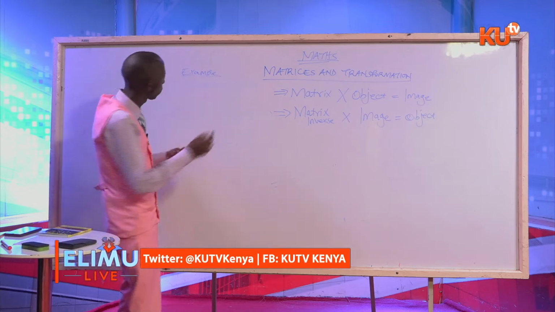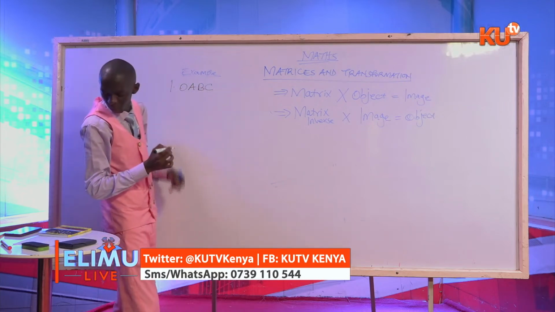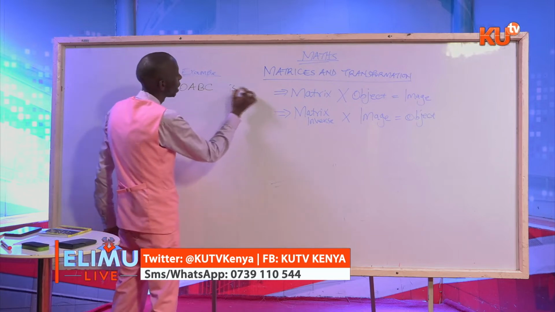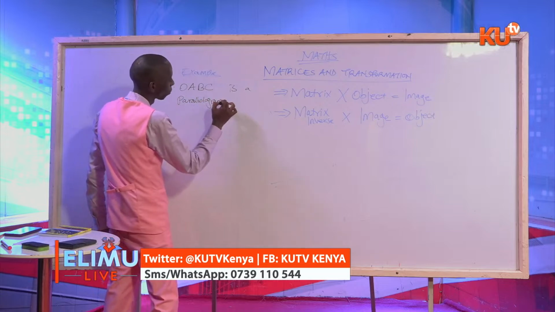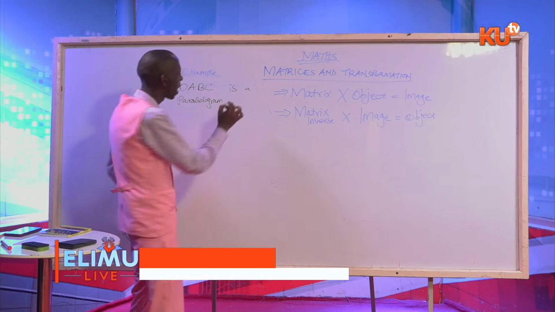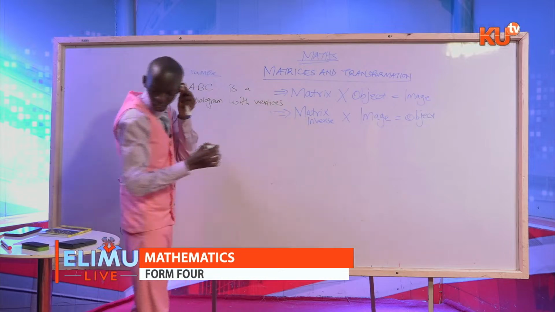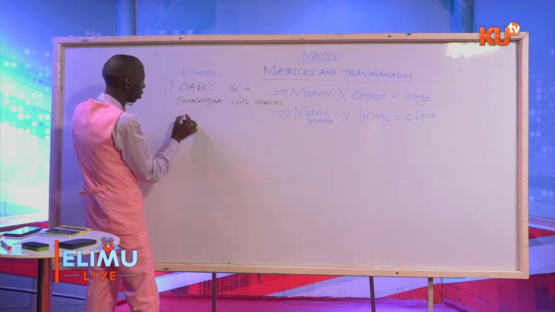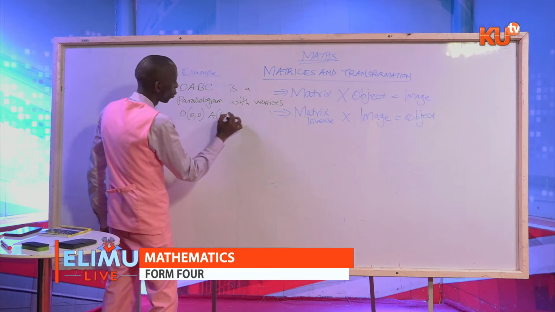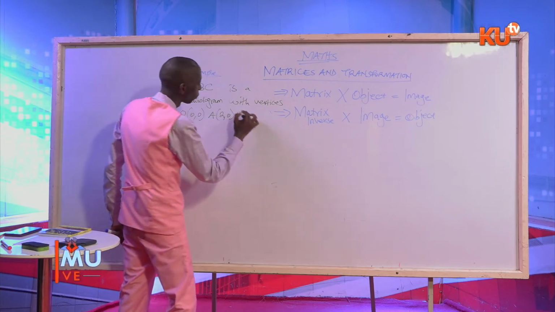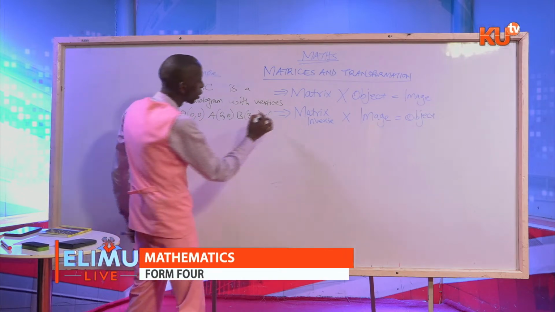Example: OABC is a parallelogram with vertices O (0, 0), A (2, 0), B (3, 2), and C (1, 2).